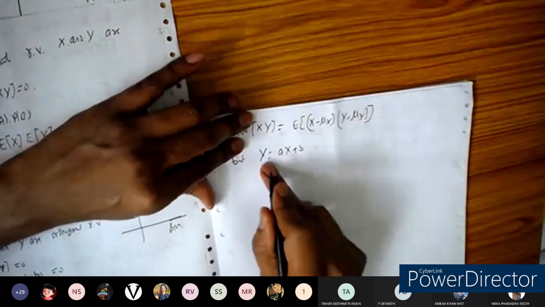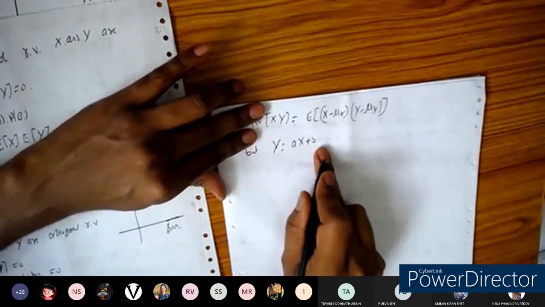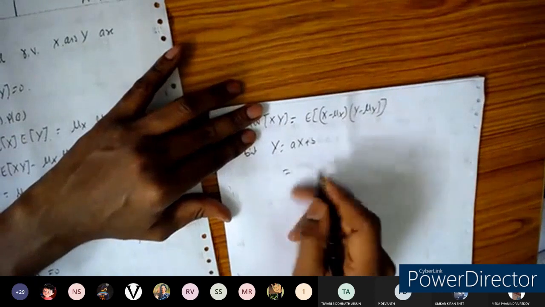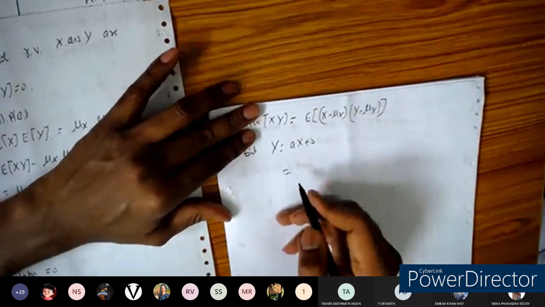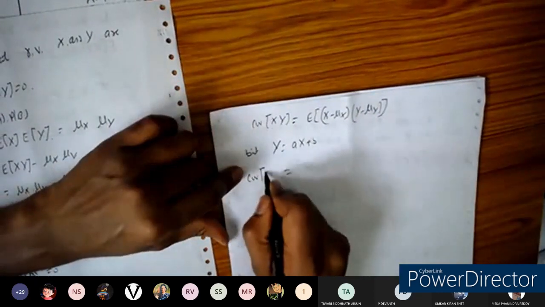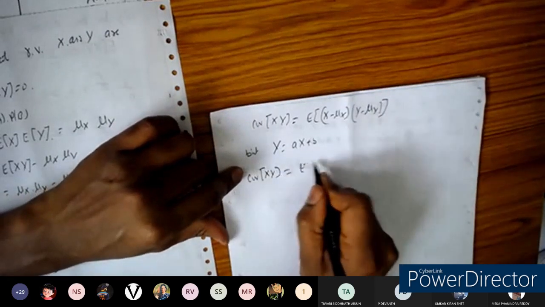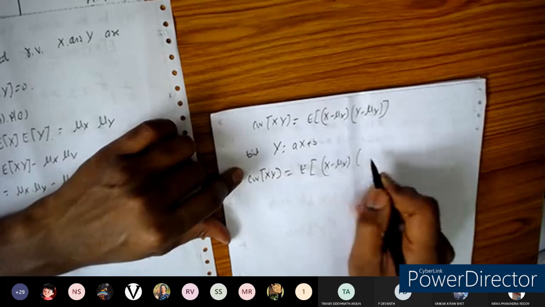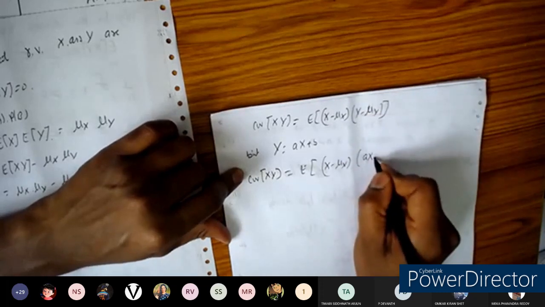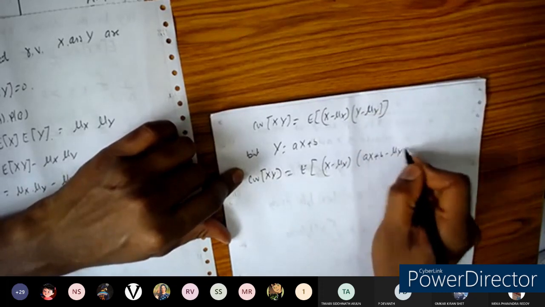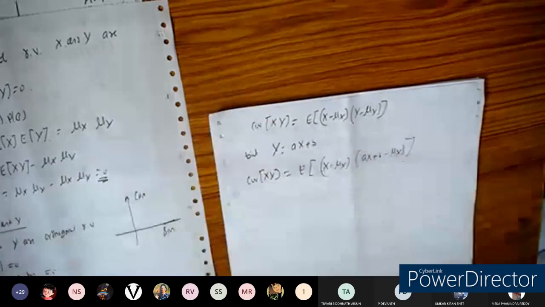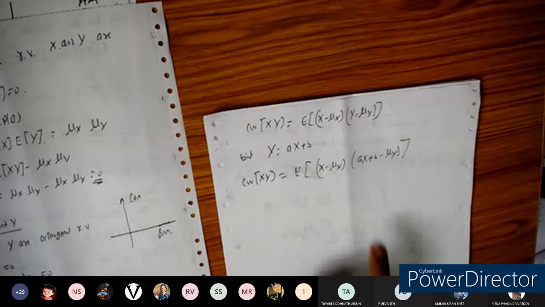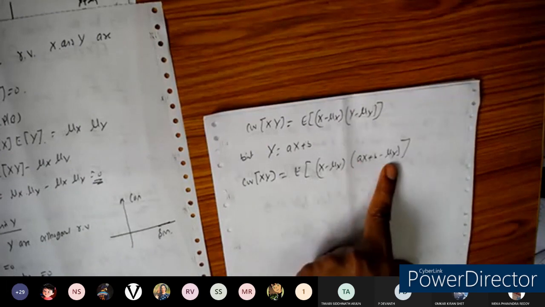Let us substitute this in the expression. So the covariance of x comma y will become the expectation of (x minus nu x) into (ax plus b minus nu y).